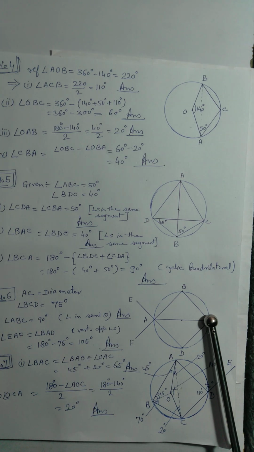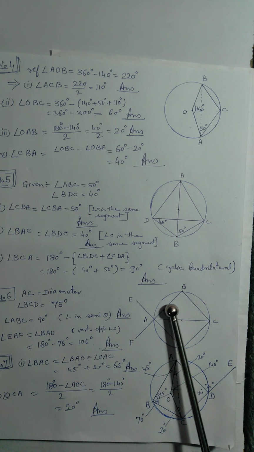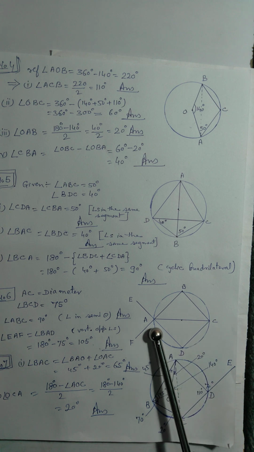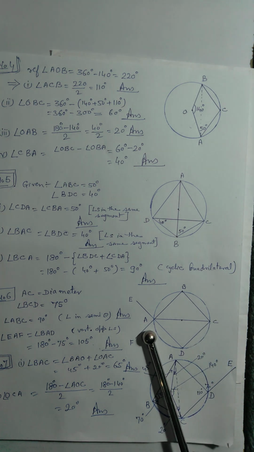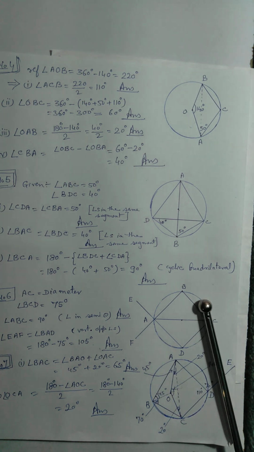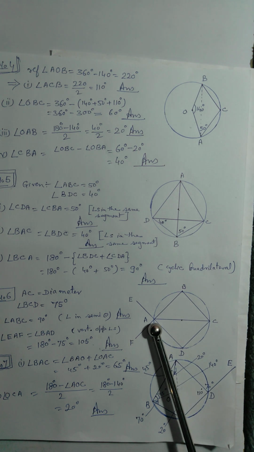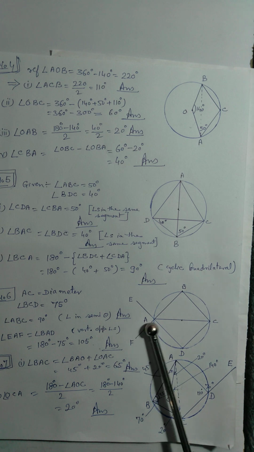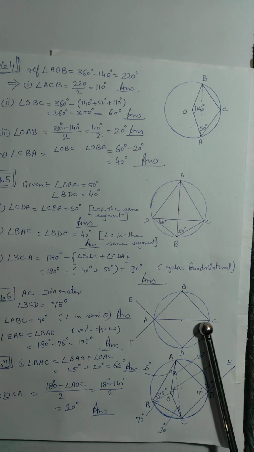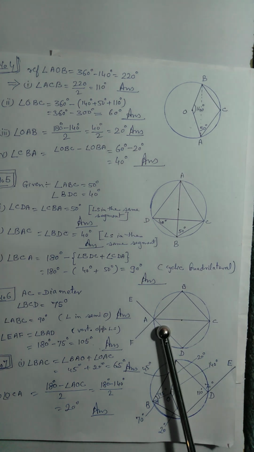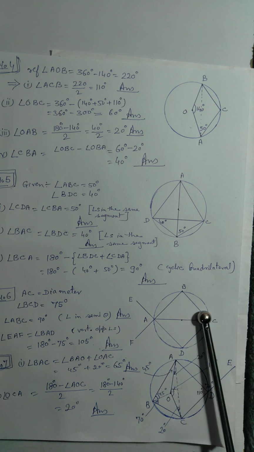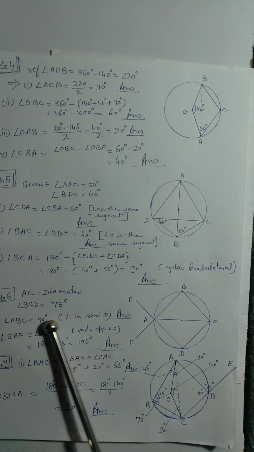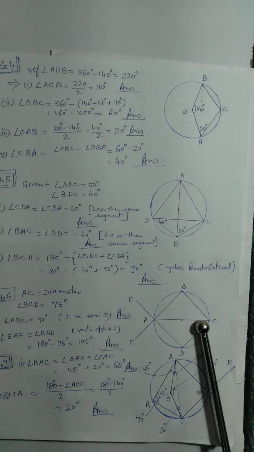So we know that these vertices lie on the circle. Therefore it is a cyclic quadrilateral. So the sum of the opposite angles, angle A and C, should be equal to 180 degrees. So just subtract from 180 the value which is given already, BCD, that is 75.